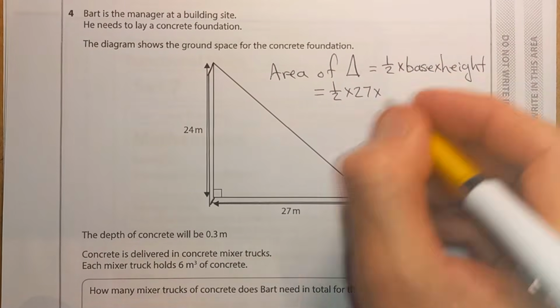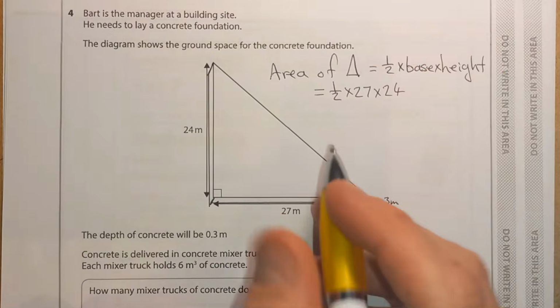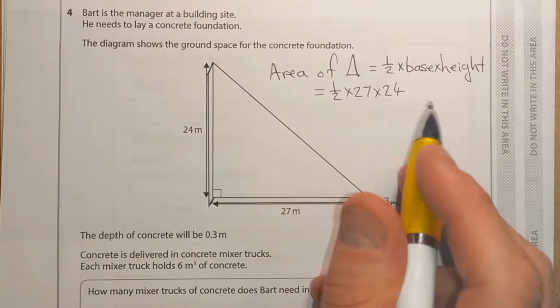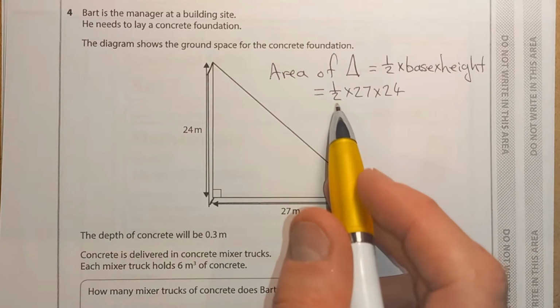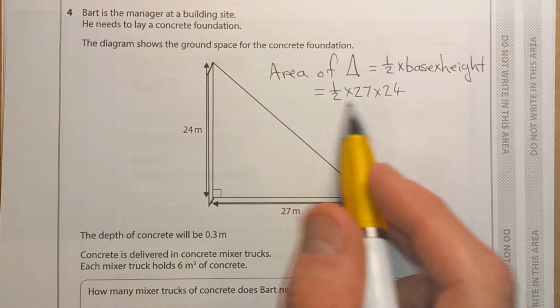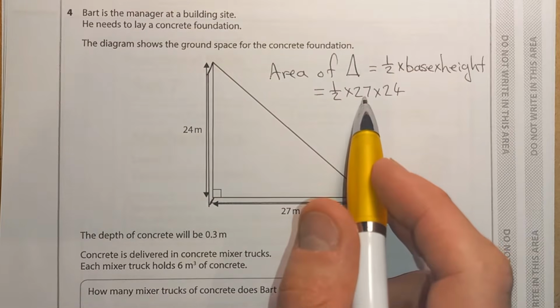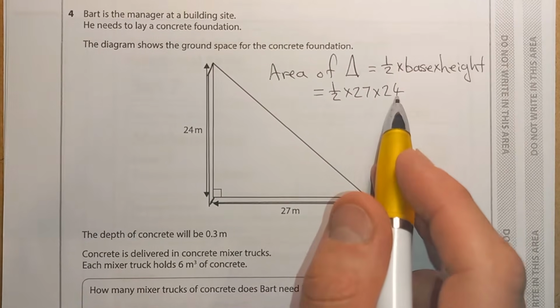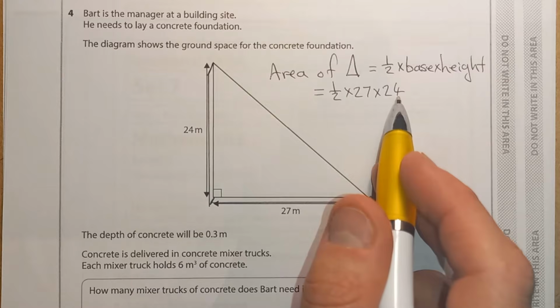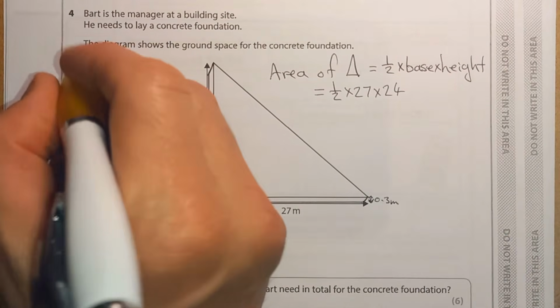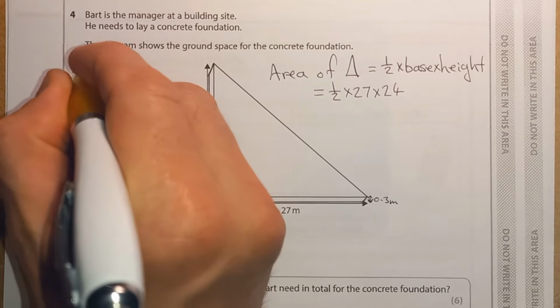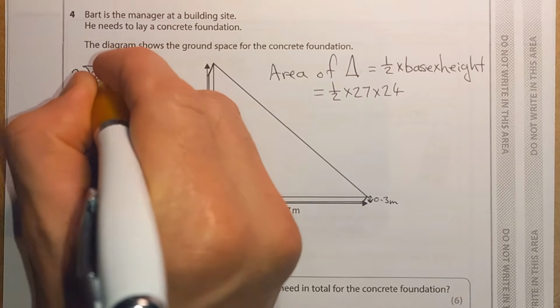The height is 24. Now, because we're multiplying these, it doesn't matter which order we do the multiplication. Doing half of an odd number feels more difficult than doing half of an even number, especially as it's a non-calculator section. So I'm actually going to do half of 24, or in other words, 24 divided by 2.